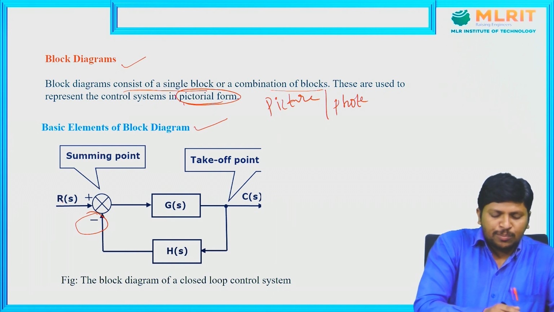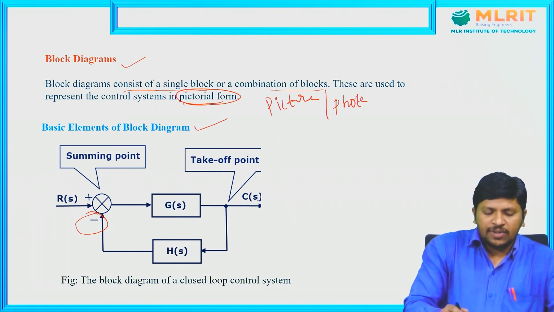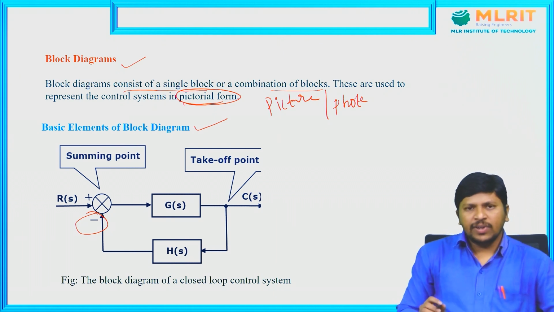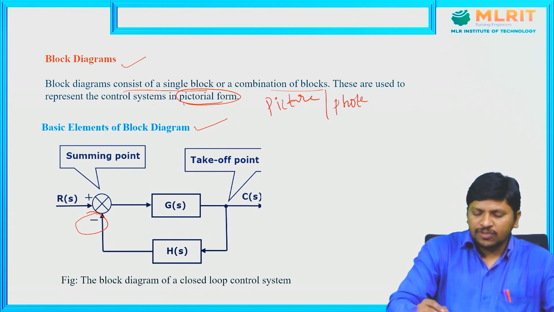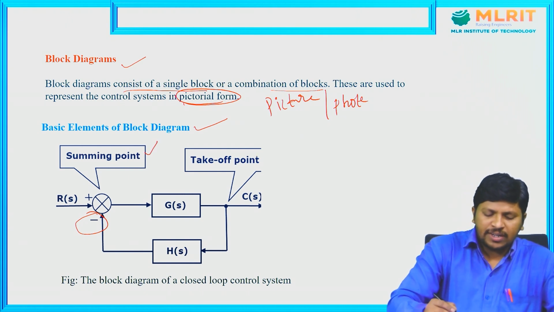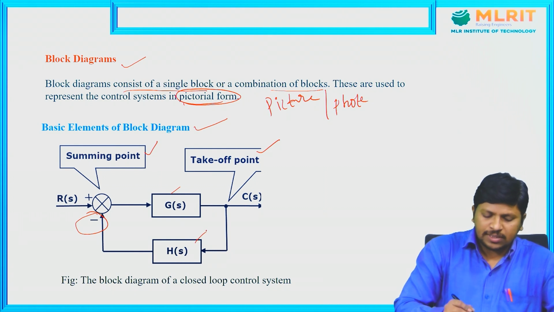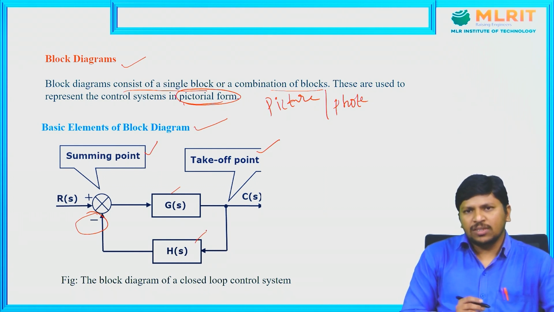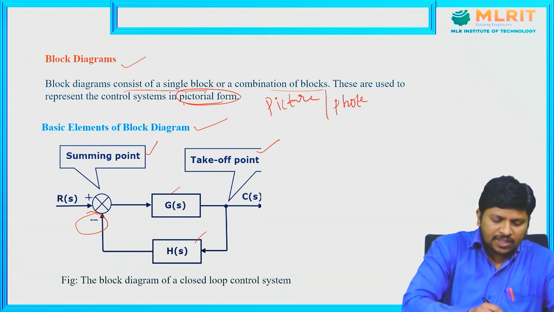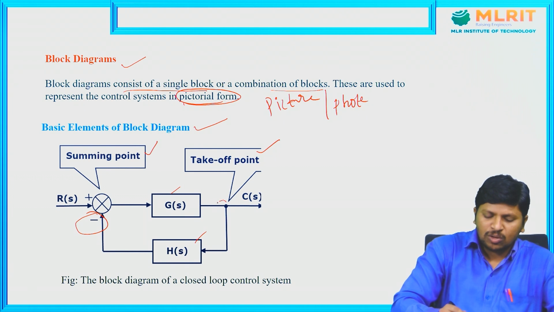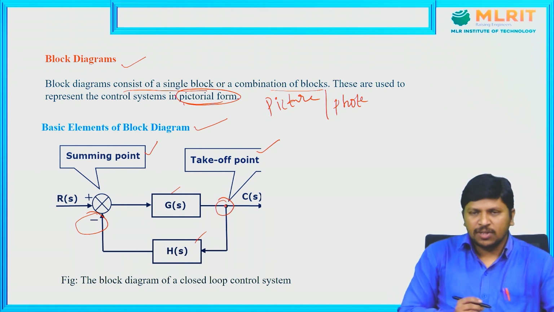This is our input signal and output signal C of s. We have three basic elements. What are they? The first one is the block, then the summing point, and the take-off point. These are the blocks, H of s and G of s. These two are the blocks consisting in the one block diagram. This one is representing the summing point, and this point is nothing but the take-off point or branch point.